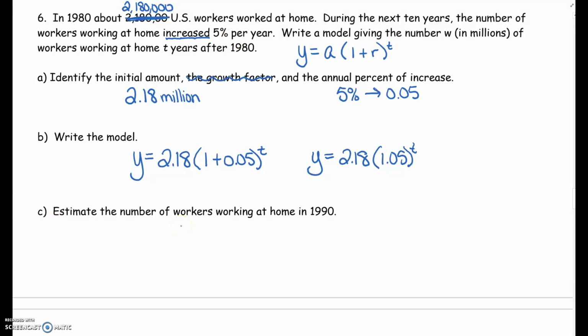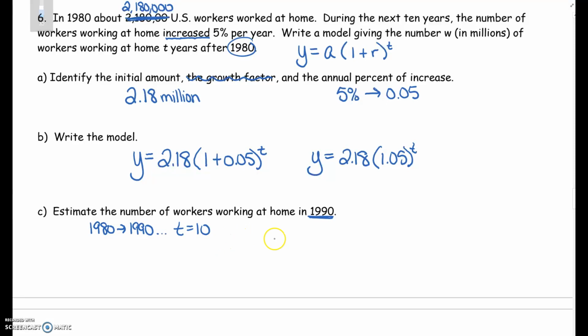Estimate the number of workers working at home in 1990. It says up here t years after 1980. So we have to think about from 1980 to 1990, how many years is that? That's 10 years. So we are going to use a t value of 10.